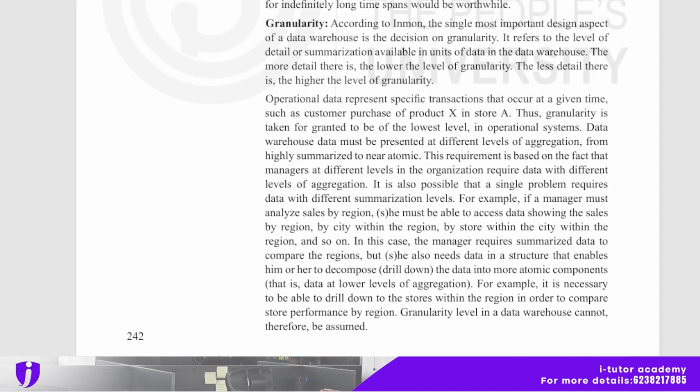Operational data represents specific transactions that occur at a given time, such as a customer purchase of product X in store A, and this granularity is taken for granted to be of the lowest level in operational systems. The data warehouse data must be presented at different levels of aggregation, from highly summarized to near atomic.